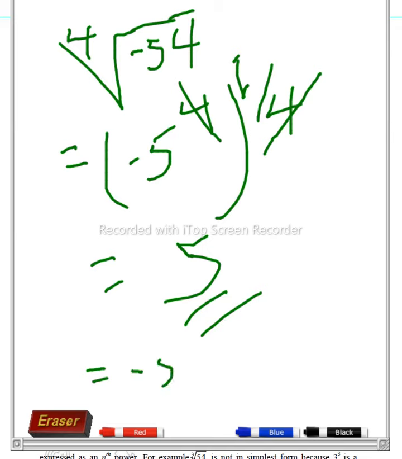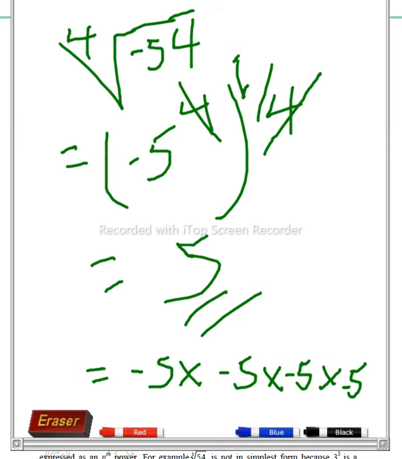Let us multiply negative 5 times negative 5 times negative 5 times negative 5. Negative 5 times negative 5 is positive 25.